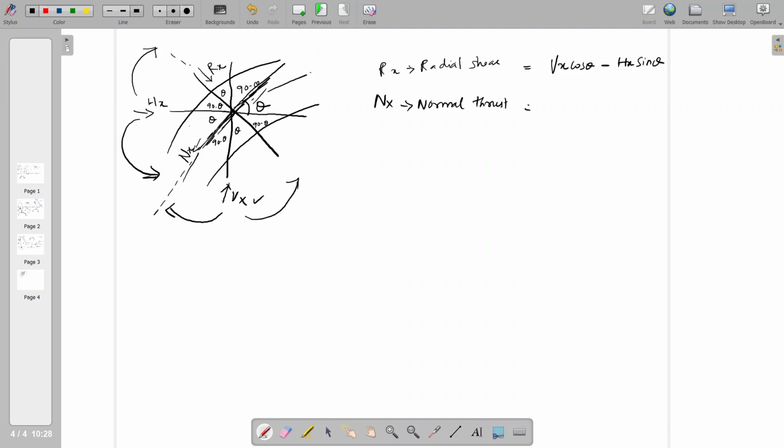So theta goes with cos, 90 minus theta is the sine component. So Hx cos theta plus Vx sin theta. You can remember it as a formula, or otherwise you can understand the components and directions and easily derive this formula. So the arch problem will be very simple to calculate from the exam point of view. For a 16 marks problem, it is very simple.